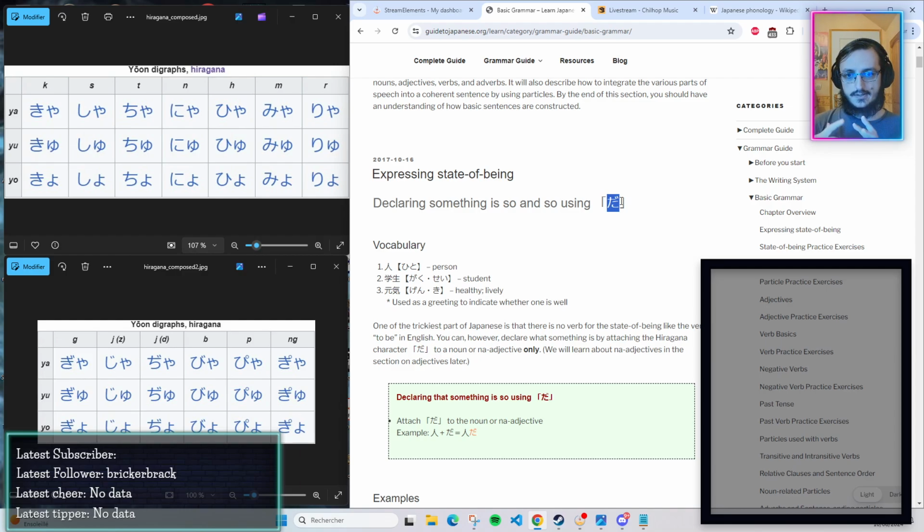So you could translate it as this is, but it's not only this is, it's just declaring something in general. It could be an ID. It could be translated as I am. There are several ways to translate it. Table means this is a table, because you are talking about the table, so it's not I am a table.